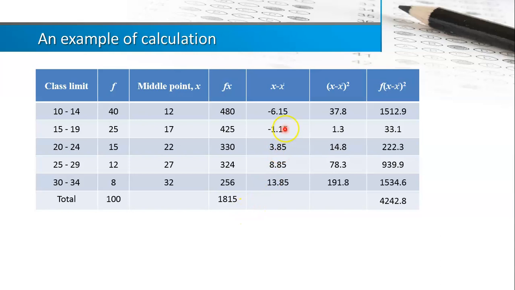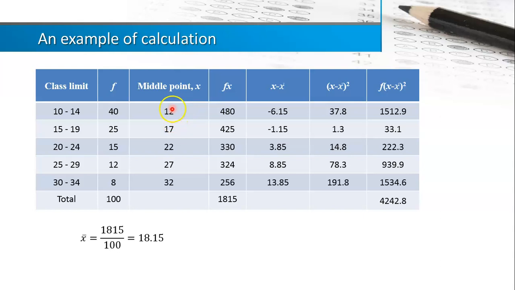You get 1815. If you want to look for the mean, you divide 1815 by 100, so you get 18.15. Then you just minus all of the midpoints with the mean calculated.